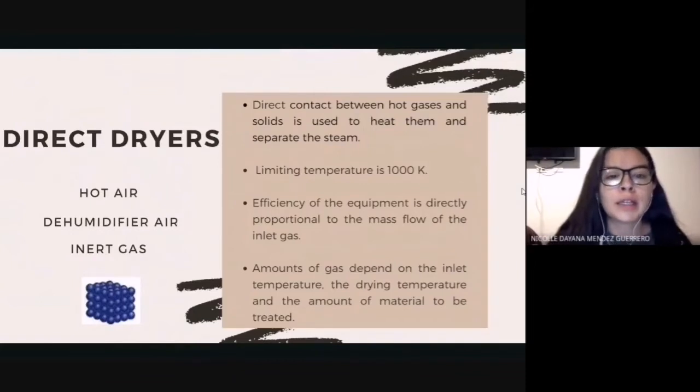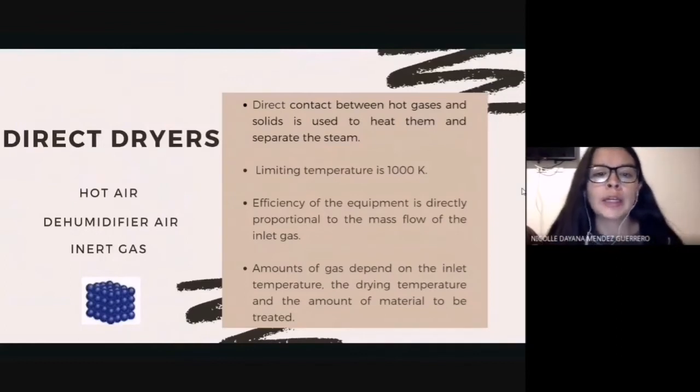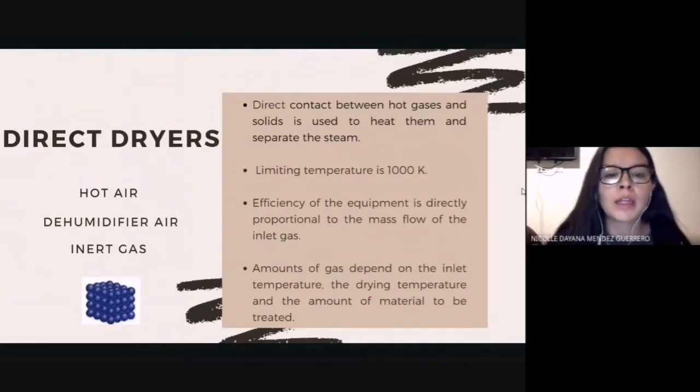For materials that are highly sensitive to heat, dehumidified air may be required, and to dry explosive or flammable solids, or where organic solvent must be removed, an inert gas might be necessary, like nitrogen.